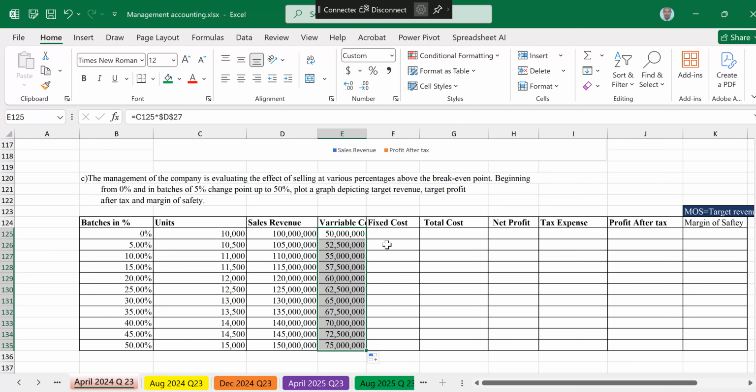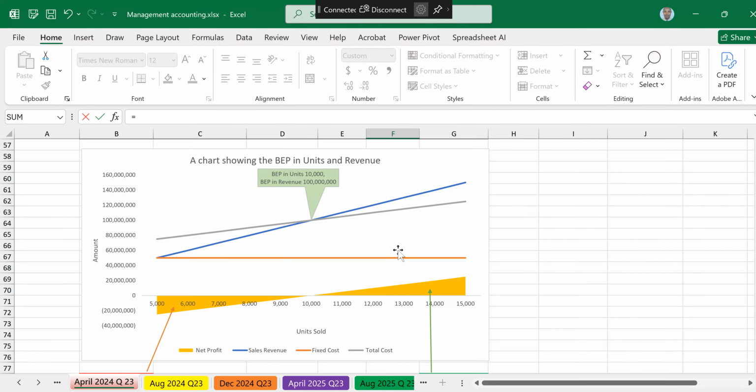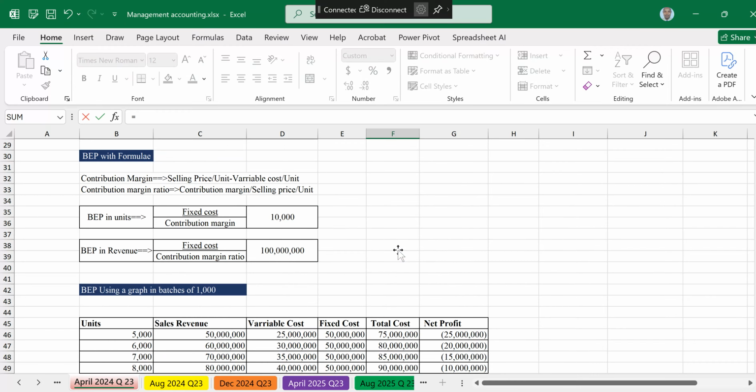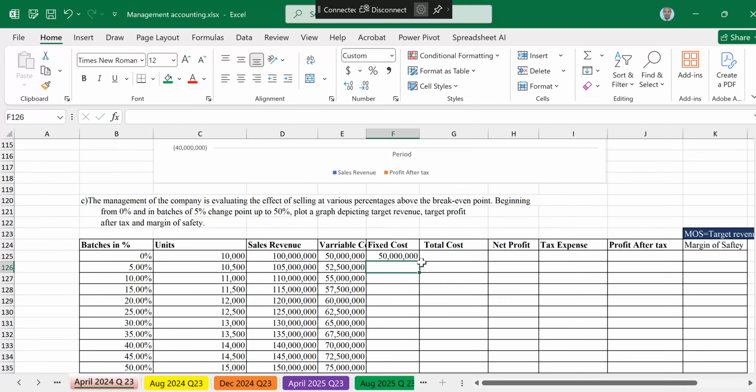Fixed cost is constant, so equal sign, I move up under variables, and it was 50,000. I lock it, drag down from the answer here.